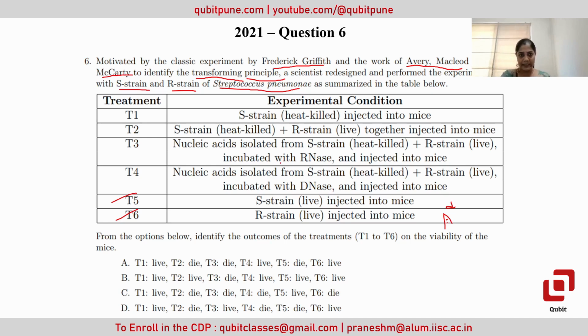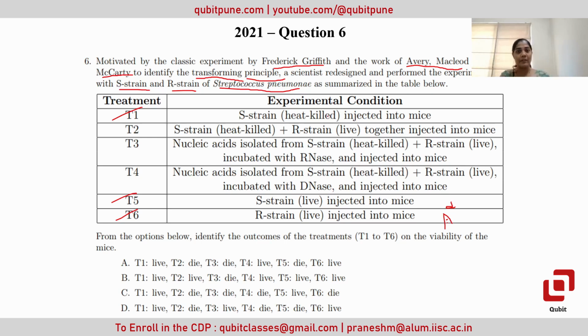So by understanding this, let's see the first case, that is T1. The S strain is heat killed and injected in mice. If it is heat killed, then the mice will remain alive, because the strain is already heat killed.